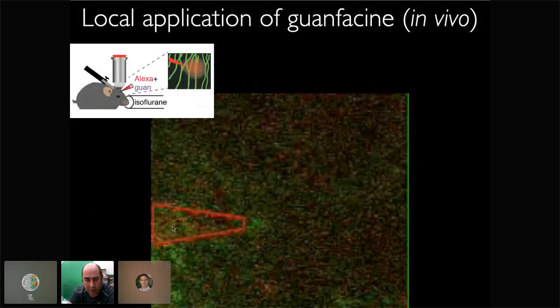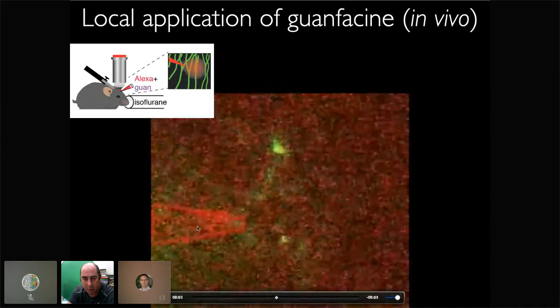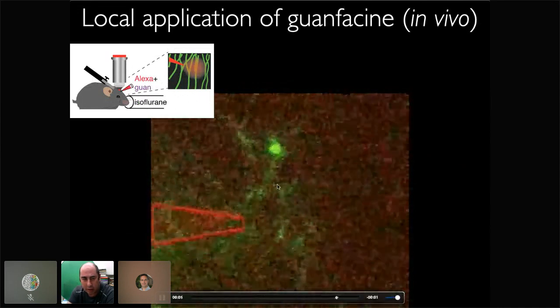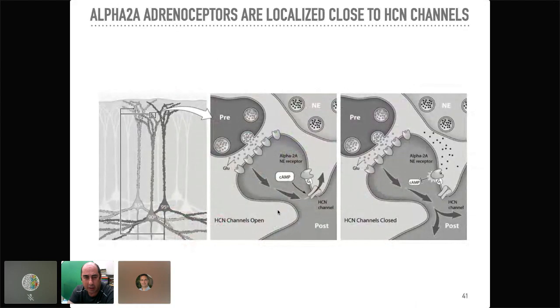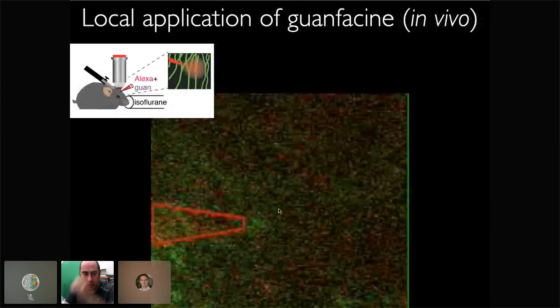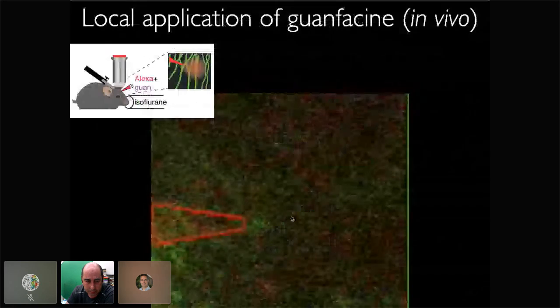Moreover, we can even spread the drug from a pipette and monitor what happens, and you see that the dendrite lights up when we do that. So we conclude that activating noradrenaline increases the excitability of these dendrites.